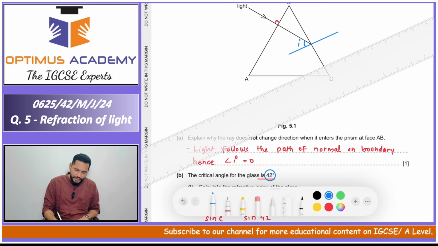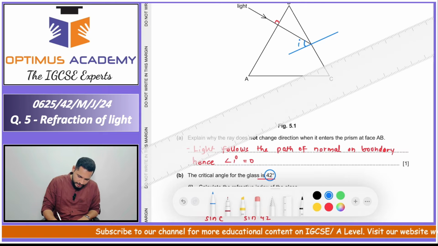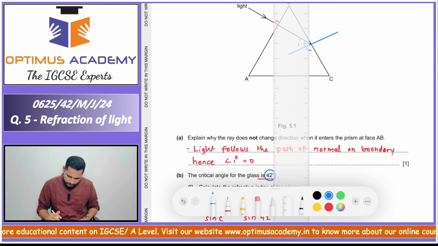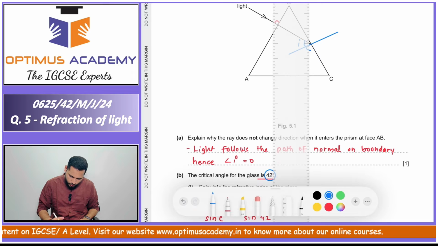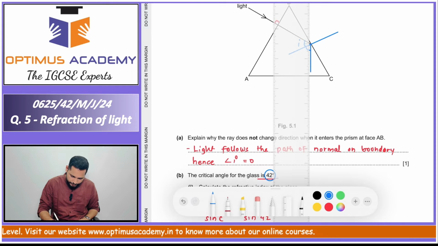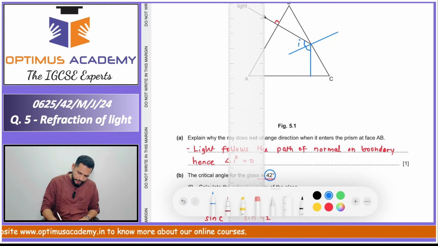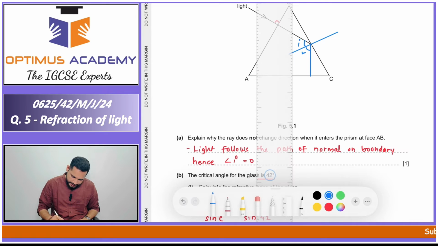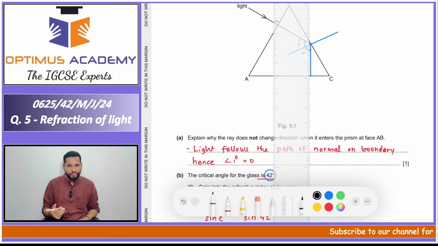Whatever this value of I is, I am going to measure the same value of reflection over here, and I'll be drawing the line which is expected to go something like this. Note that whatever the value of I is, the same value of R you are supposed to draw. So here, if the light is reaching the boundary AC, you can see now also it is reaching exactly on the path of normal.